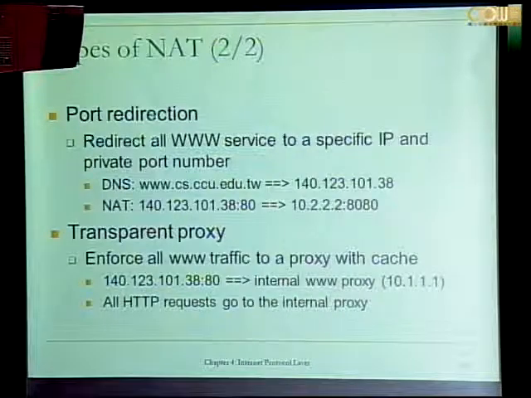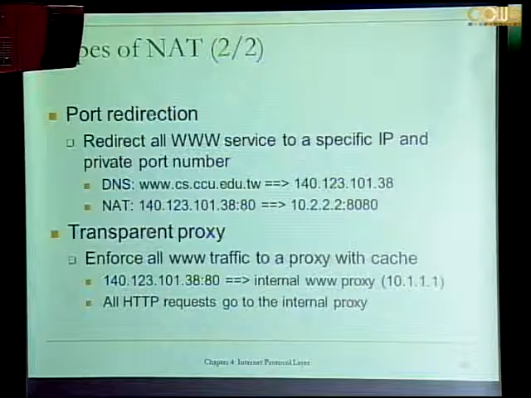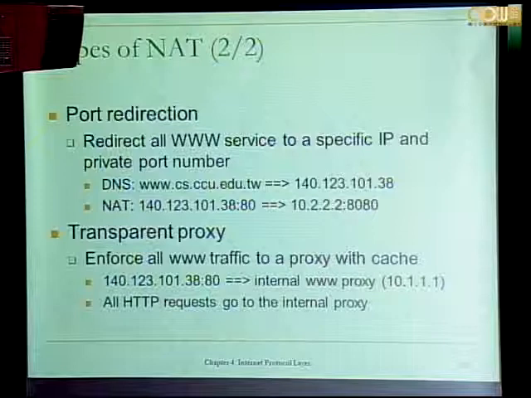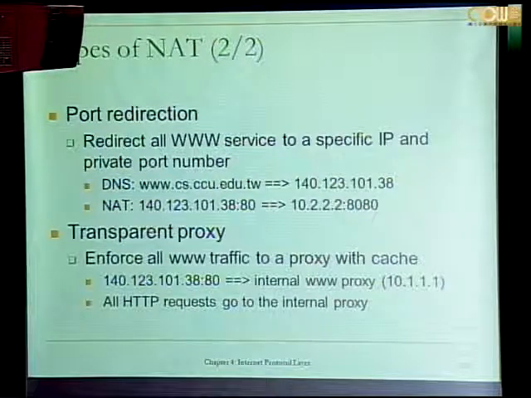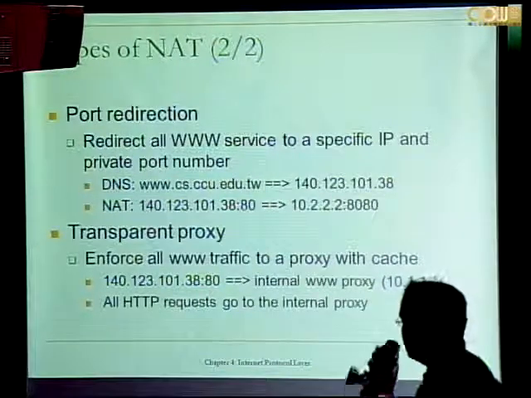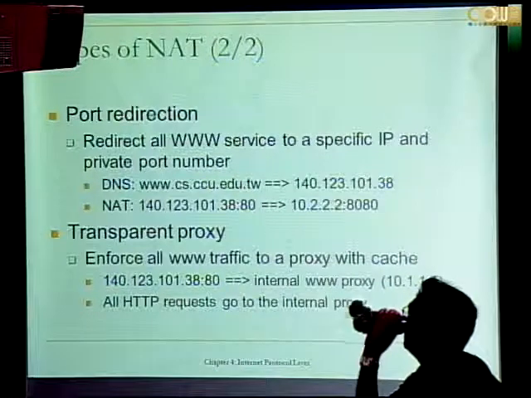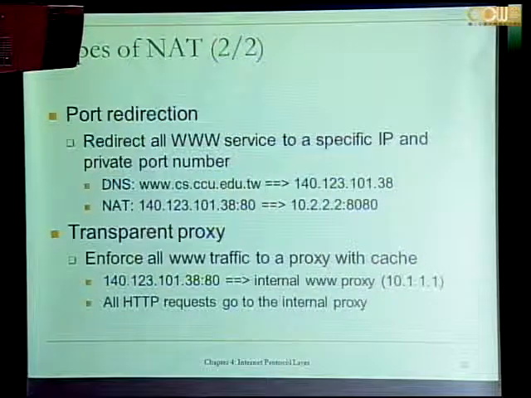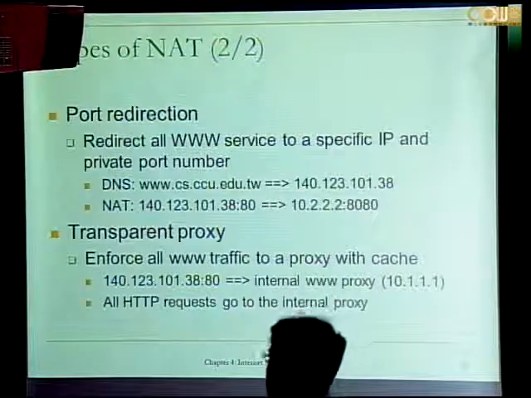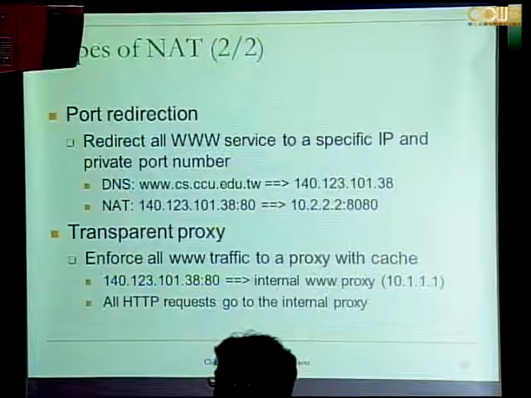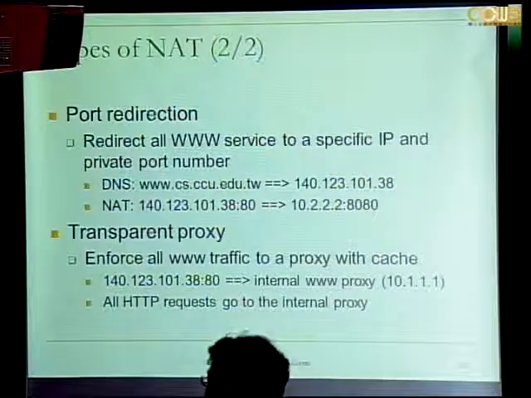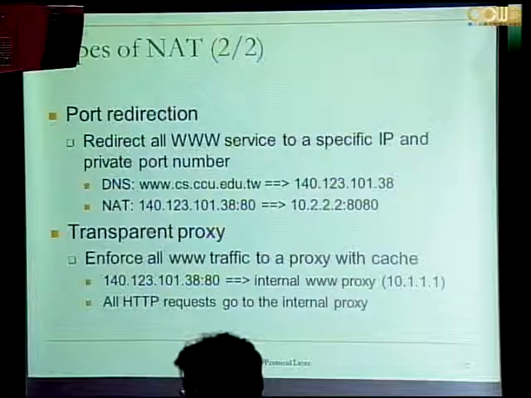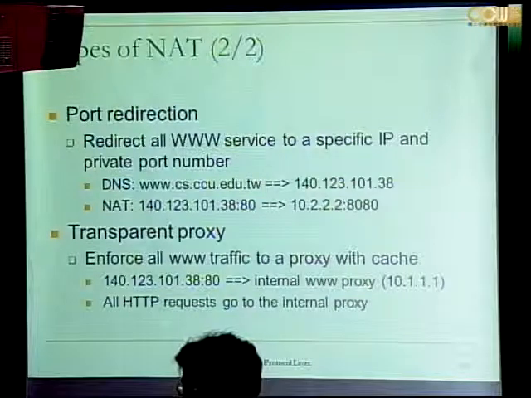Okay, on NAT there are two particular usage applications. One is port redirection, and one is called transparent proxy. Suppose you have a web server. So you have a NAT device, but you have only one real public IP address.